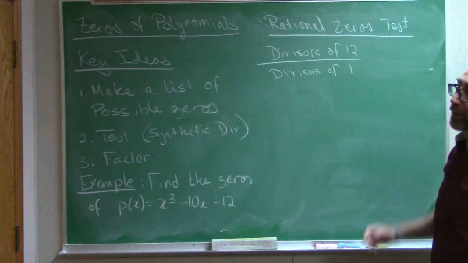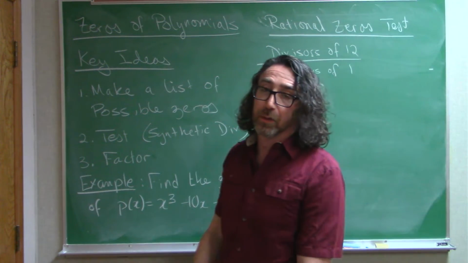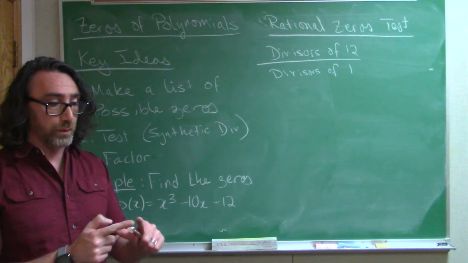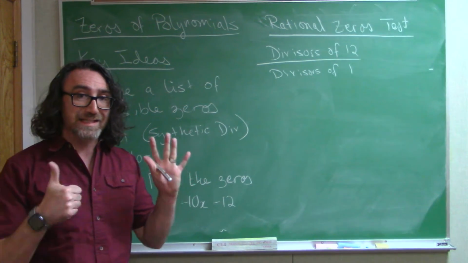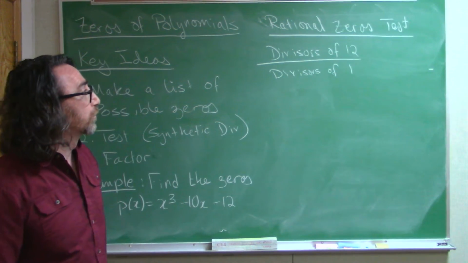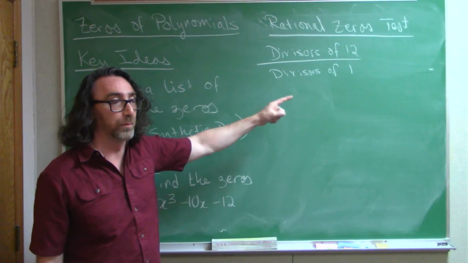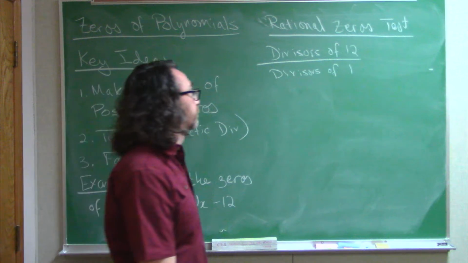Okay, so my numerator, I actually got tons of possibilities. 1, 2, 3, 4, 6, and 12 itself. That's 6 possible numerators. For my denominator, well, not so many. For my denominator, it's just plus or minus 1.